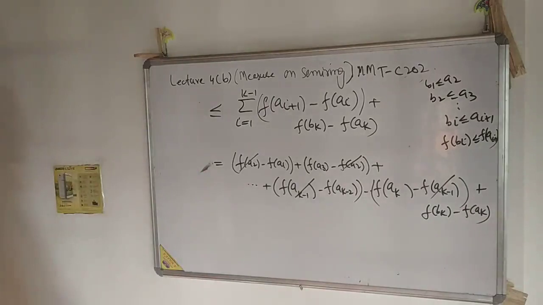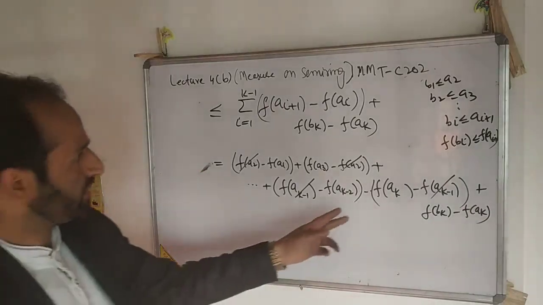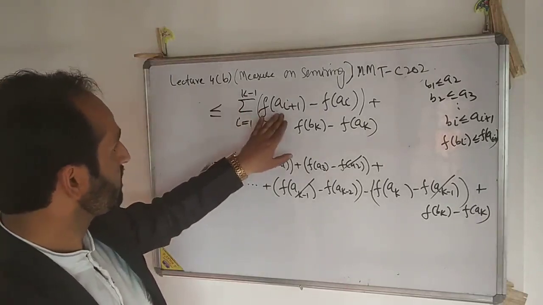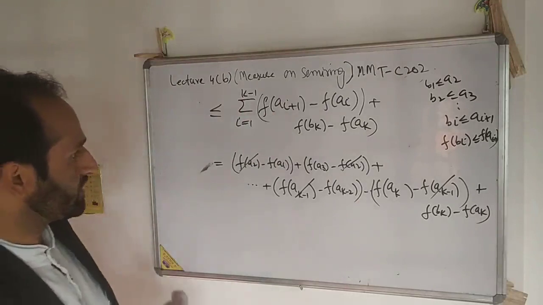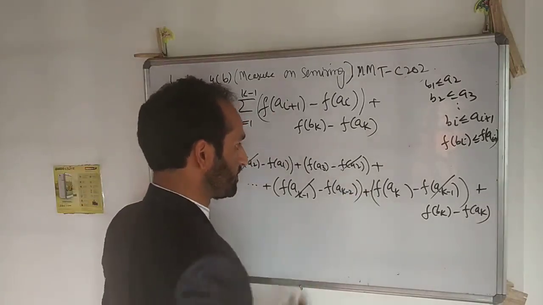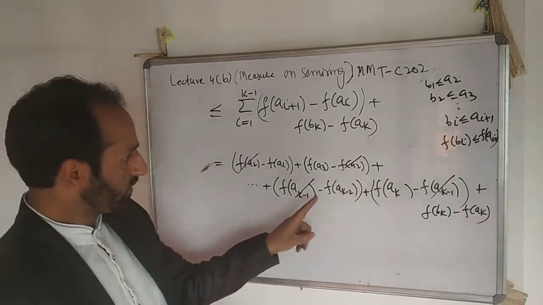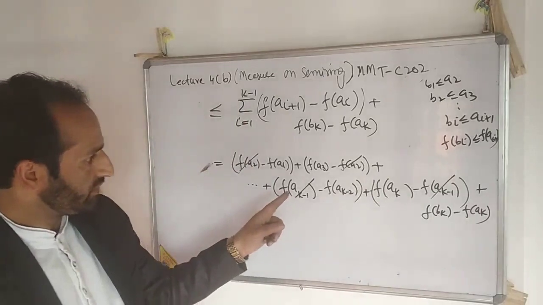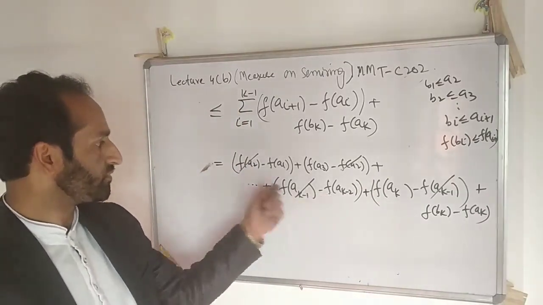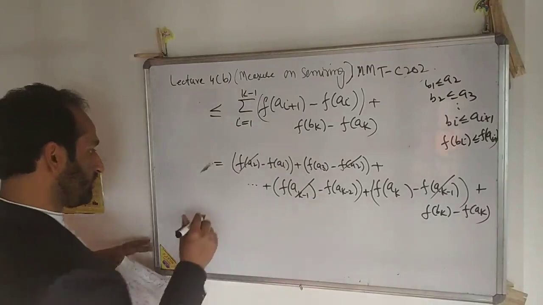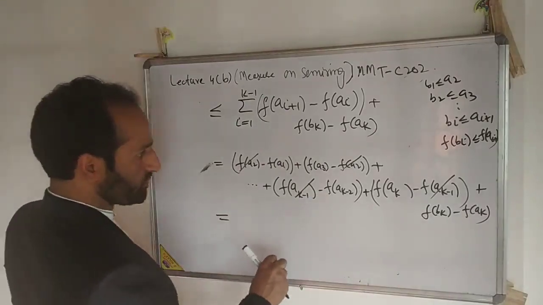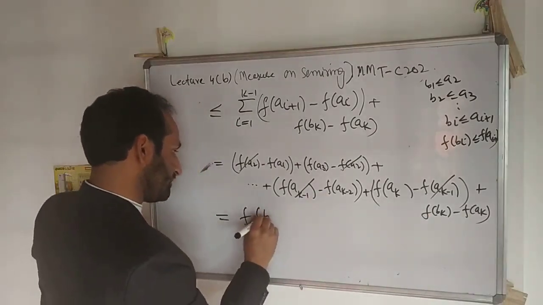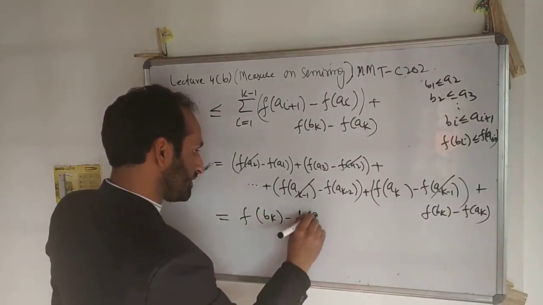Sorry, for i equal to k minus 1, it's f of ak. So it's a plus actually, not minus. Now this one, plus f of ak, will go with minus f of ak, and the minus f of a(k-2) will go with the previous term. So there remain only these two terms: plus f of bk and minus f of a1. So we get f of bk minus f of a1.